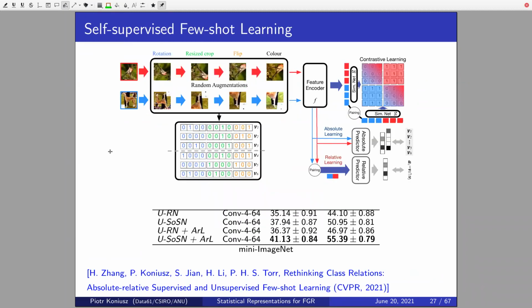And finally, another example, self-supervised few-shot learning. So one can get images, one can design a number of pretext tasks, pass them through a feature encoder. Over here, one applies second-order pooling, and then one can pass it to the classifiers.